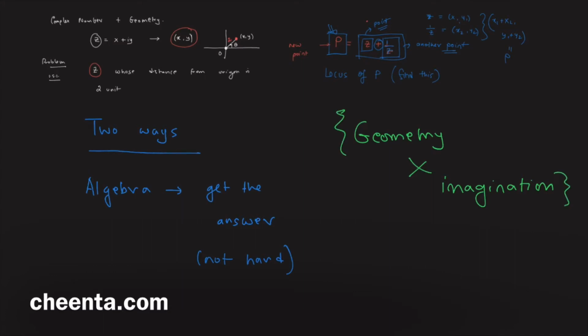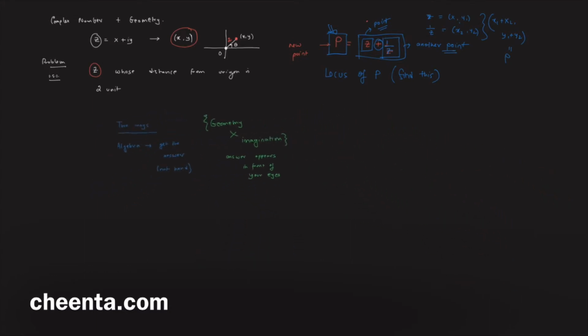Anyway, so you use geometry and imagination, and then the answer sort of appears in front of your eyes. So both of them are pretty beautiful, and the algebra one is definitely, I would say, in some sense easier because it's kind of mechanical. Let's look at the algebra one.